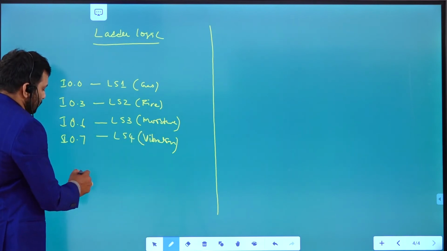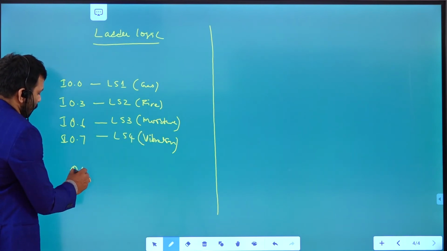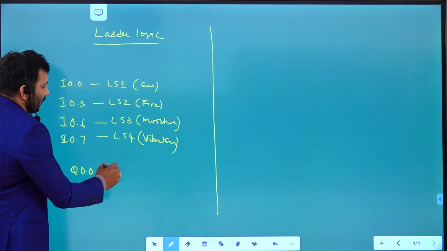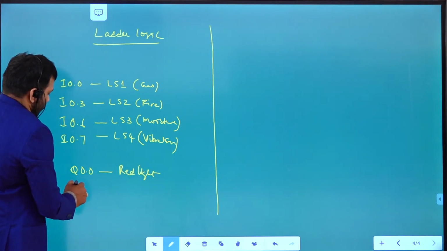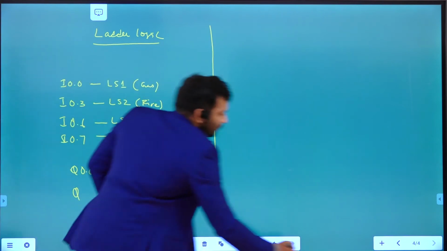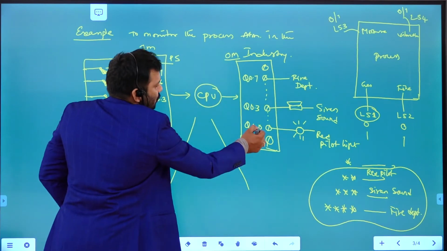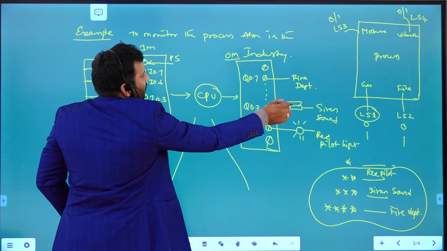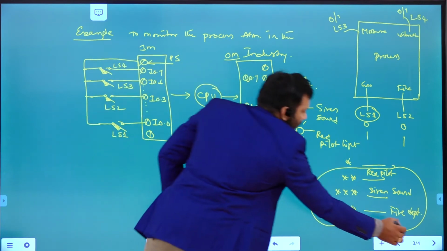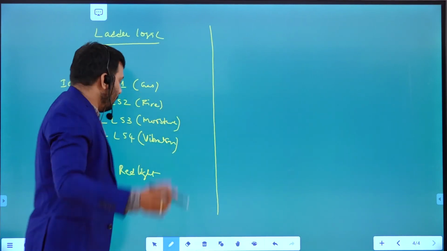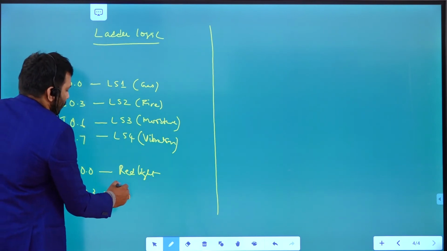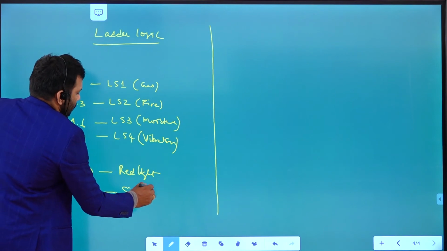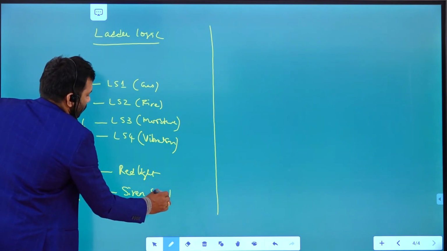In the output case, Q 0.0 is going to be connected to the red light. For output, here you can see Q 0.0 red light, Q 0.3 siren sound, Q 0.7 fire department. That means the fourth terminal is going to give siren sound, right.